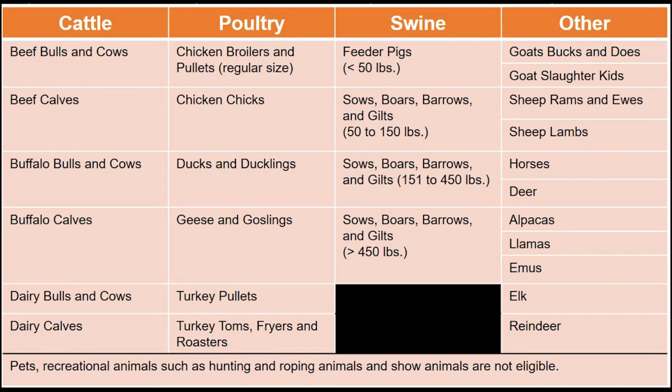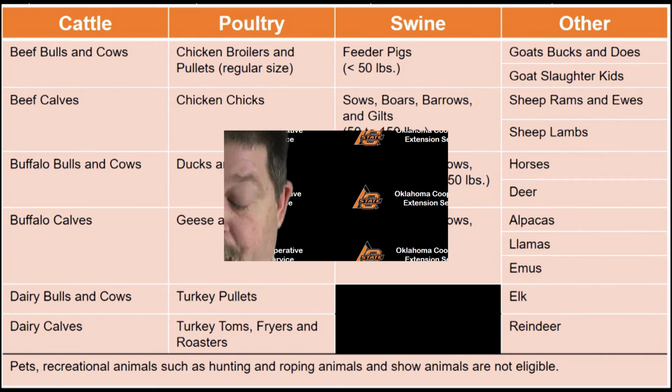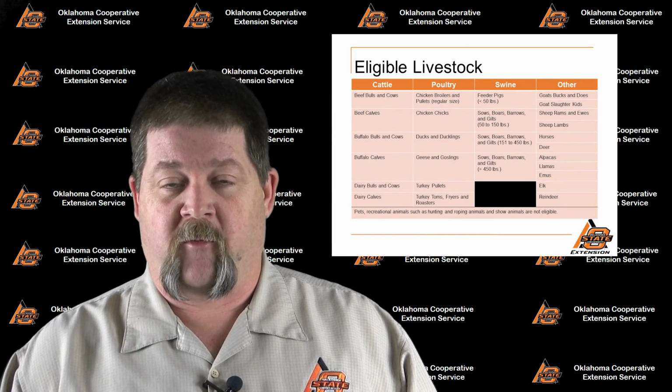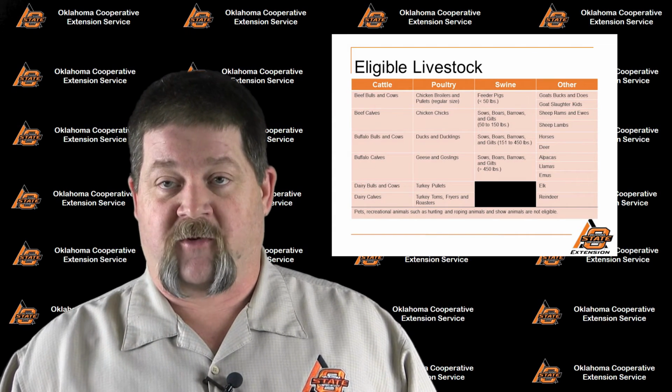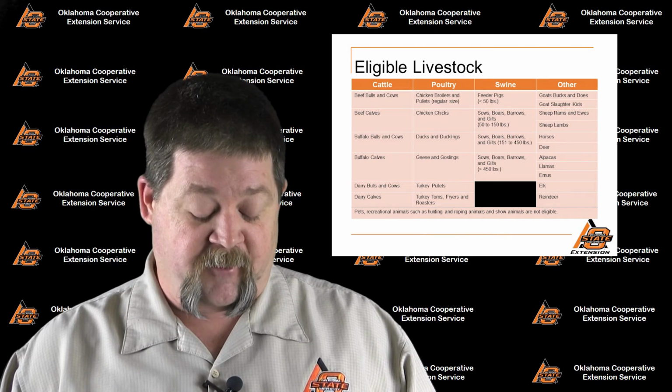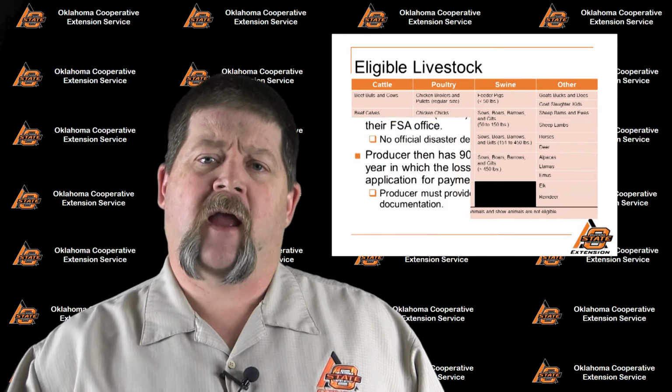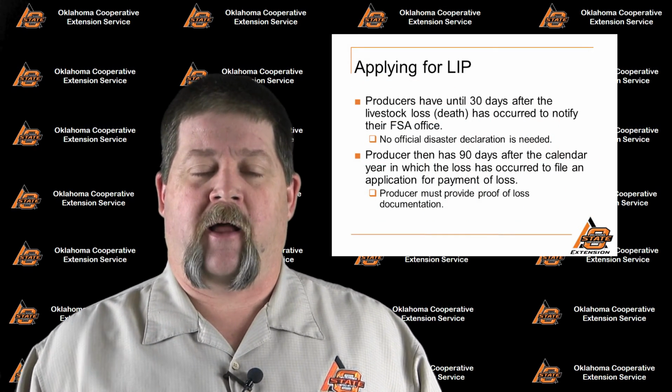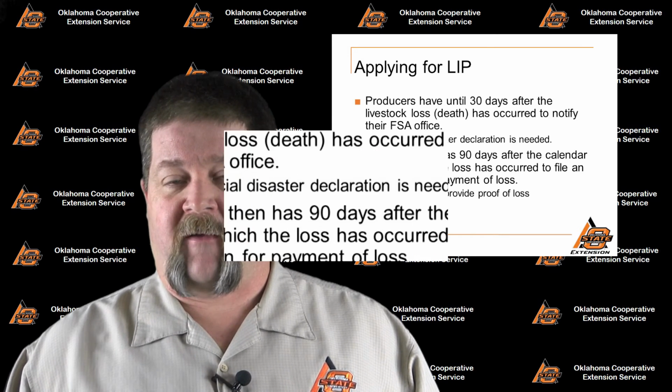Again, horses cannot be recreational; they have to be used in a commercial operation. Deer, alpacas, llamas, emus, elk, reindeer. Again, I can't stress enough that pets and recreational animals are not eligible, as well as show animals and rodeo animals. Now, as a producer, how do I go about applying to receive my LIP payments?